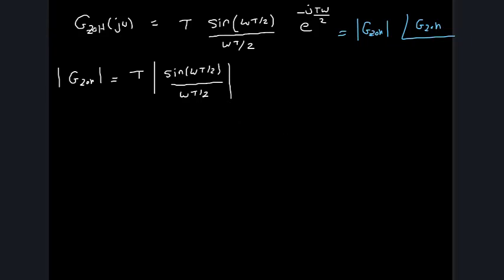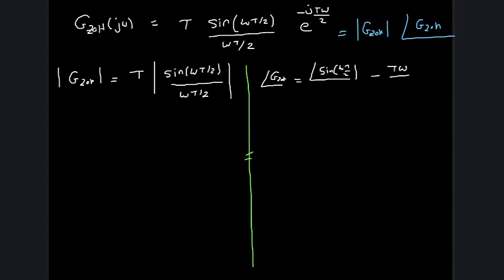Now the angle of the zero order hold will equal, here I have two terms. The first one is the angle of the sine of omega T over 2. The second one is the angle of the exponential, so here I have minus T omega over 2.